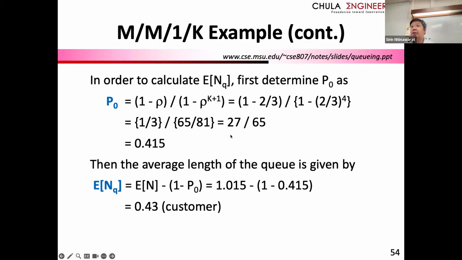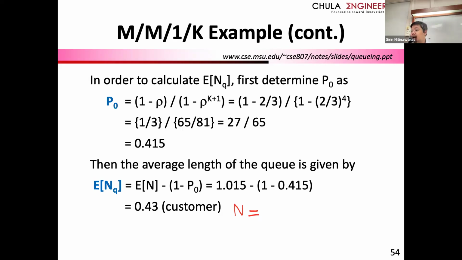Here's another interesting way to compute the number of customers waiting, NQ, from E of N. As I already mentioned, N is the total number of customers in the system.